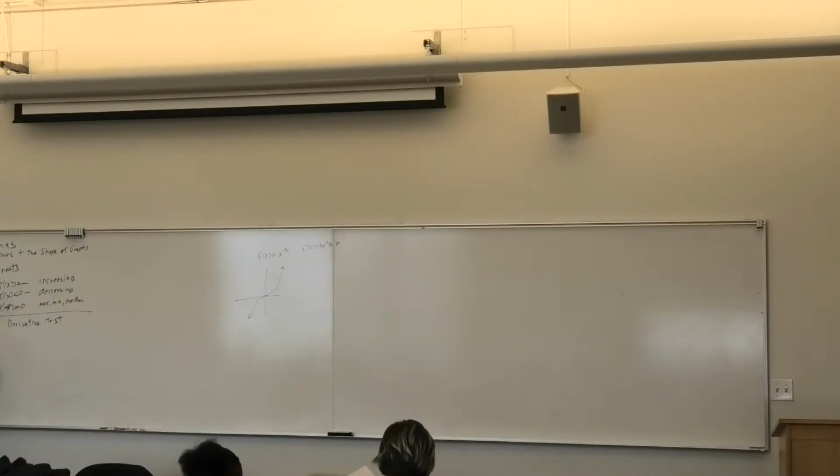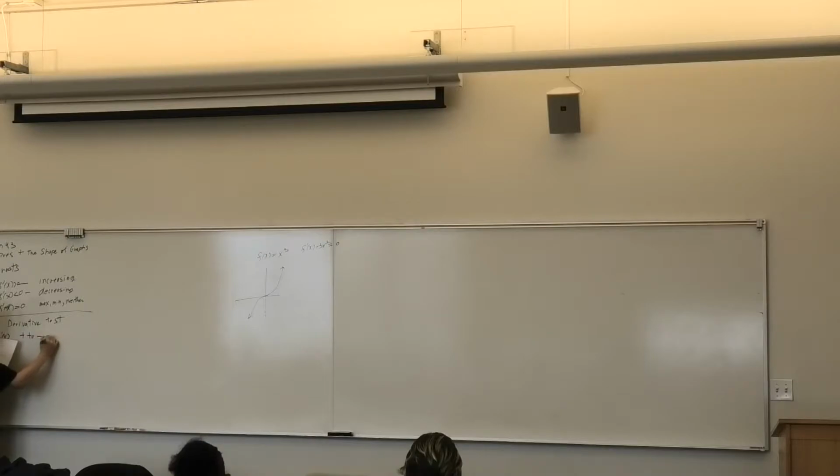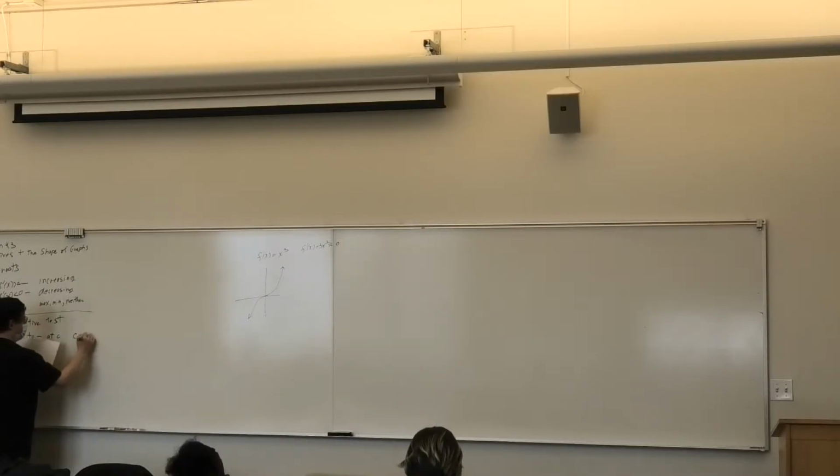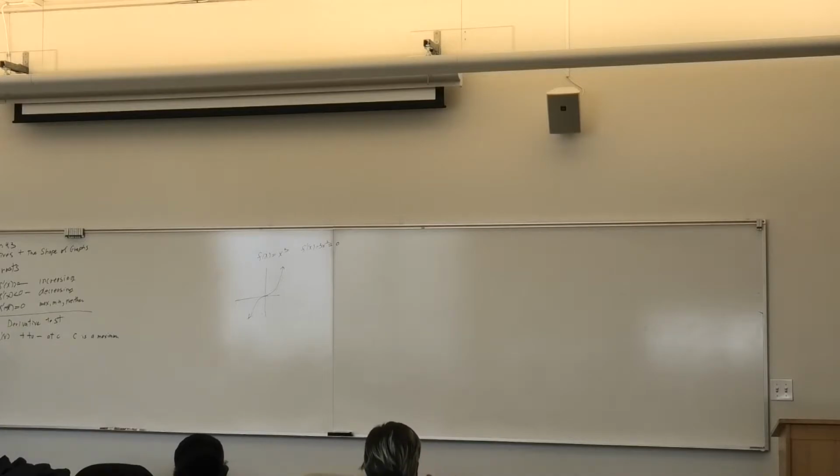Derivative test. That says if f prime of x goes from positive to negative at c, then c is the maximum. We want to have a visual or kinesthetic feel for that.